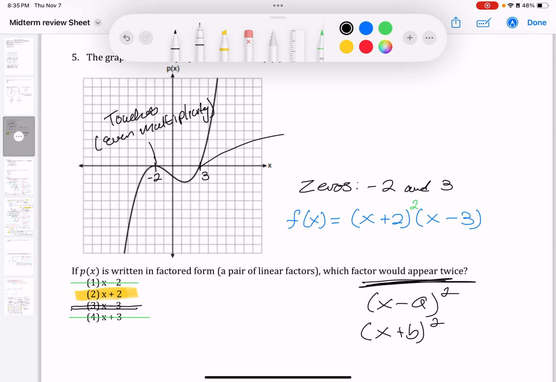And when it crosses the x-axis, it has an odd multiplicity, like 1, 3, 5, 7. So the factors could appear once, 5 times, 7 times. Even multiplicity touches, it could appear twice, 4 times, 6 times, 8 times, and so on and so forth.